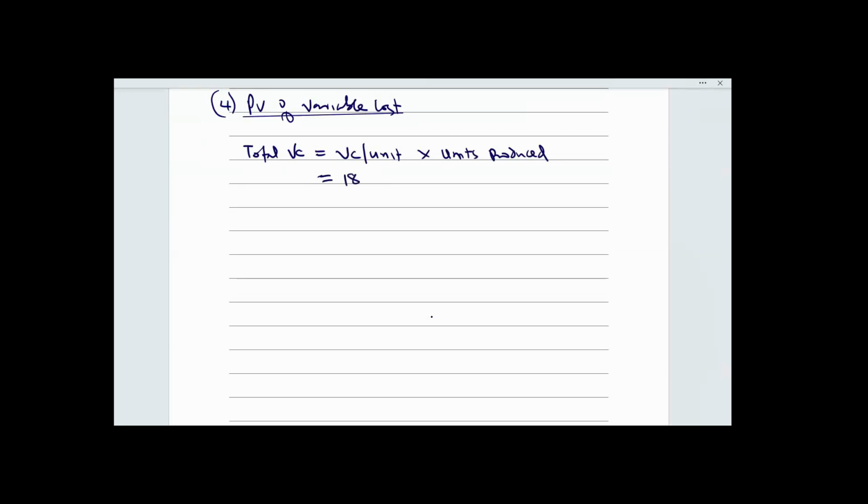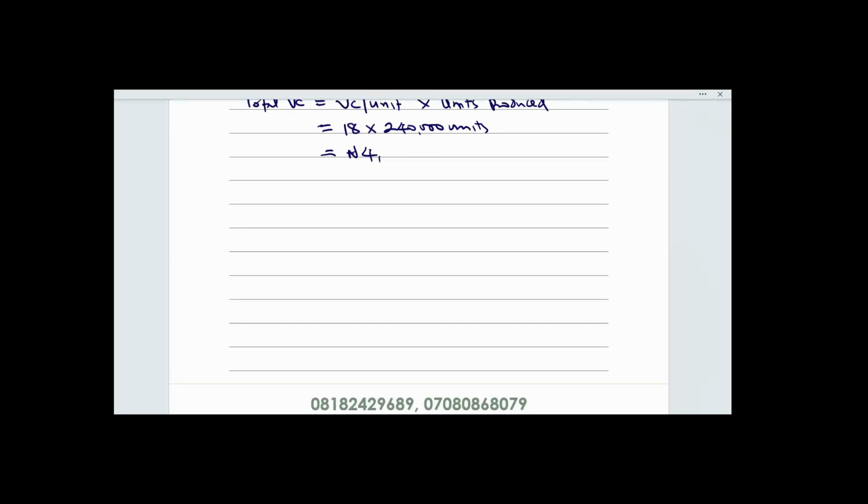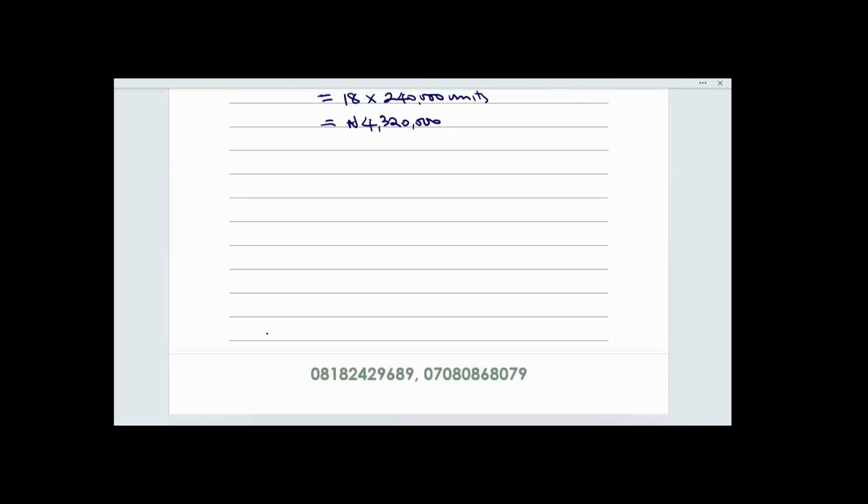So here is 18 naira multiplied by 240,000 units. 18 multiplied by 240,000 gives 4,320,000. So here is 4,320,000 naira. That's the total variable cost.